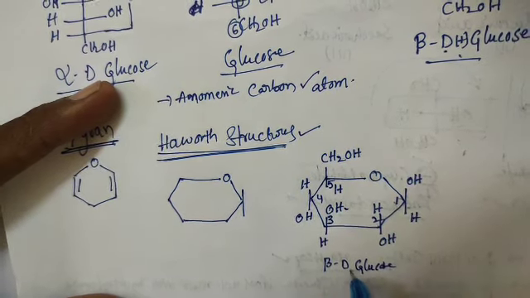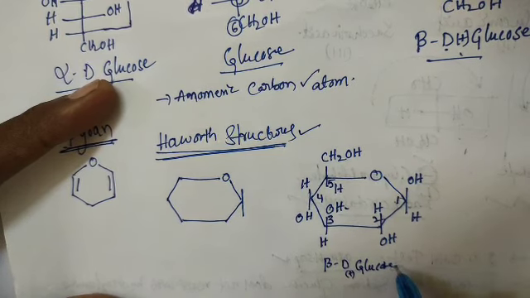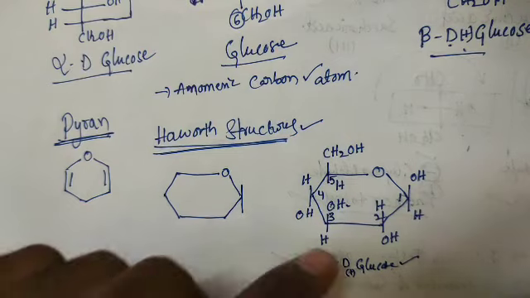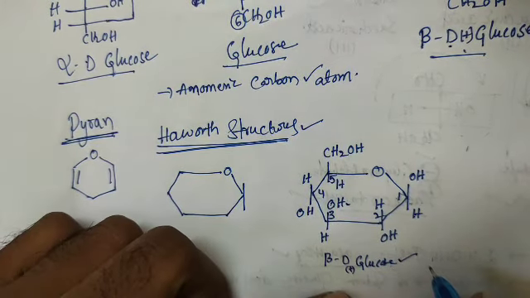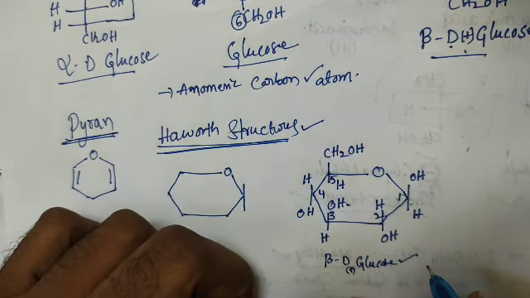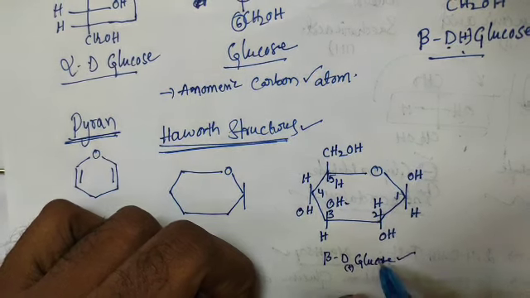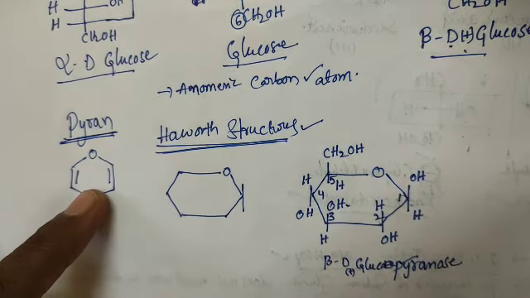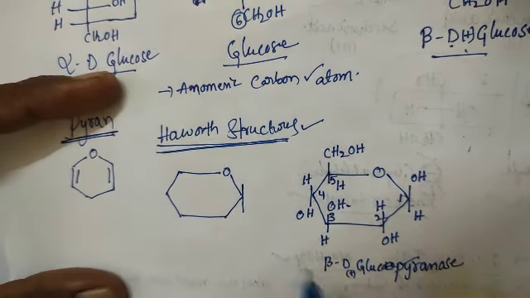Beta D glucose. Now what is the name, is it glucose or not? Glucopyranose. We should write pyranose, because it comes from pyran, that's why.